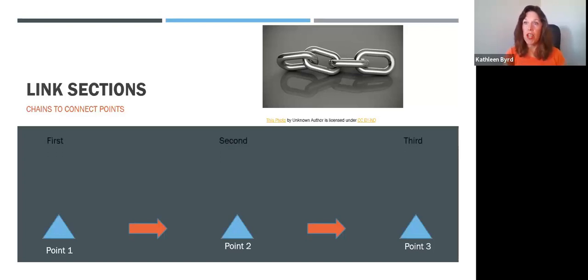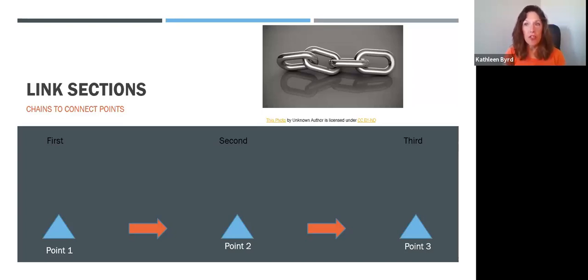So the first chain would be the words first, second, third. This is probably the most commonly used chain because it just works. So don't worry, just use it all you want because it works. So as you get to your first paragraph, your first main idea, you start with first.